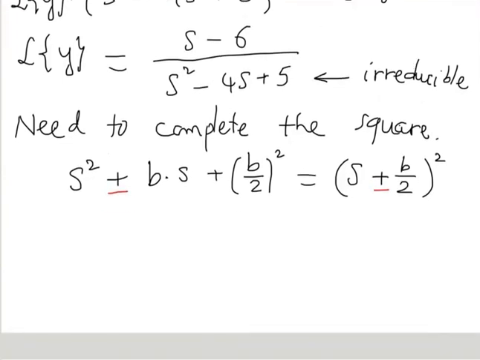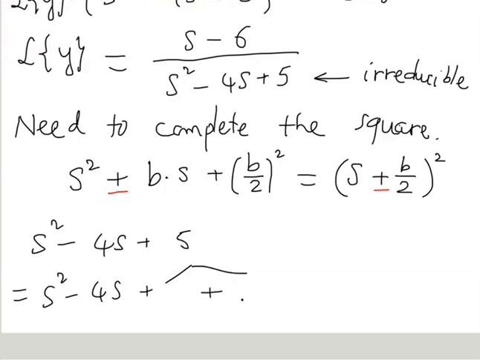So to complete the square of the denominator above, s squared minus 4s plus 5, we need to split the 5 here into the sum of two numbers, so that the first 3 terms give us a complete square. In this case, b is 4 with the minus sign, so b over 2 is 2, 2 squared is 4, so we have 4 here.